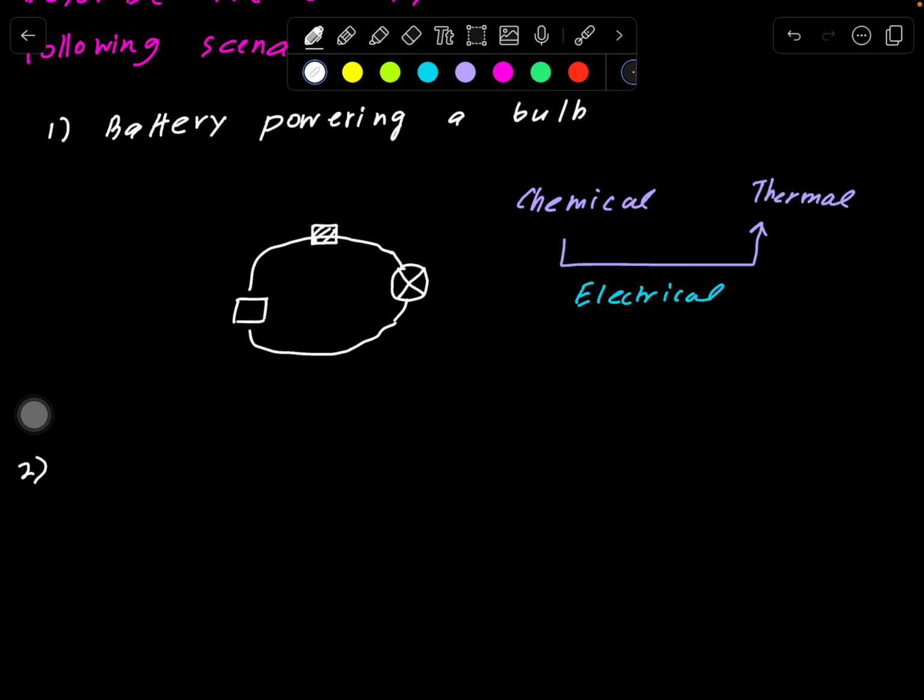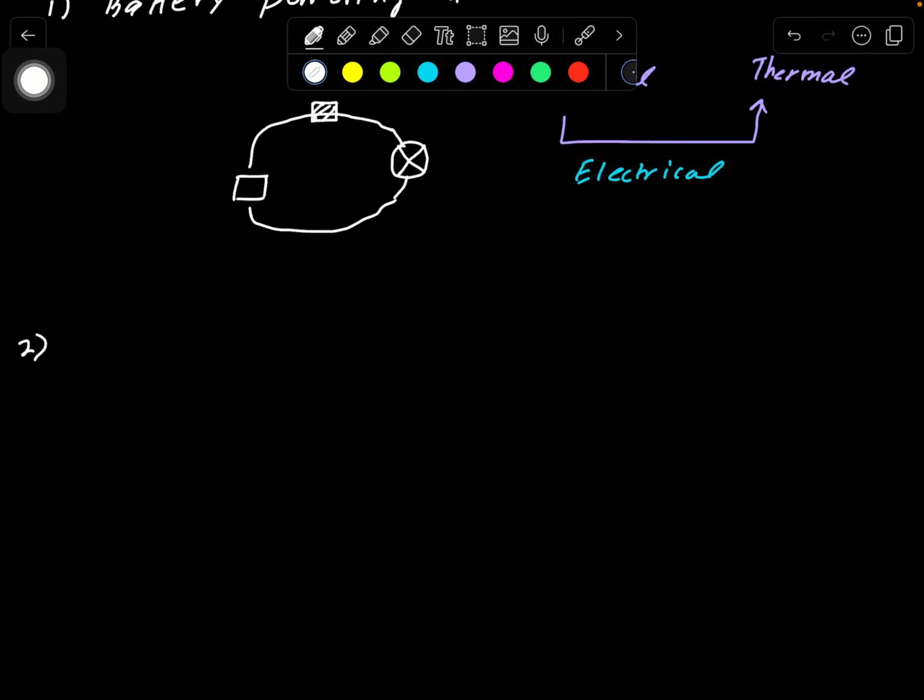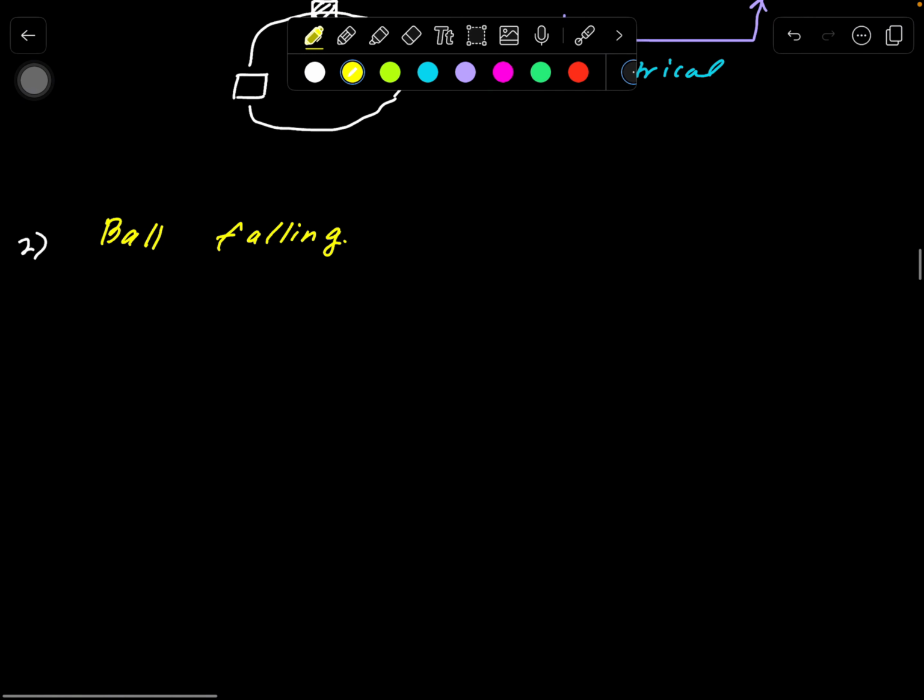Second example here is a ball falling towards the ground. We've discussed this briefly earlier as well. Let's look at this again. Here is a ball and it's falling towards the ground.